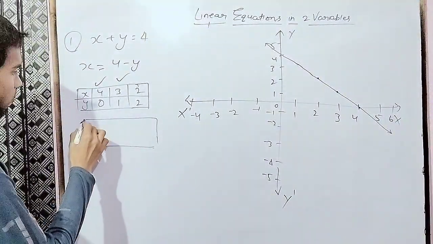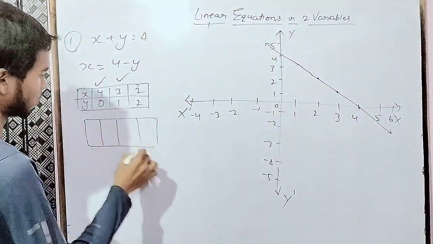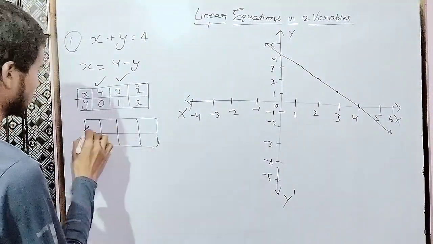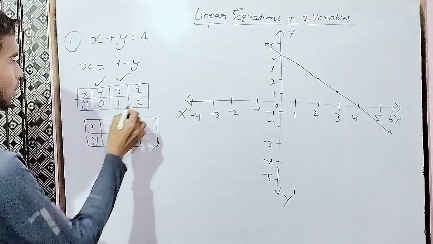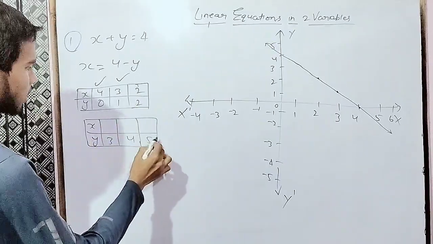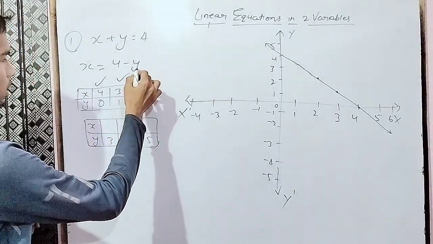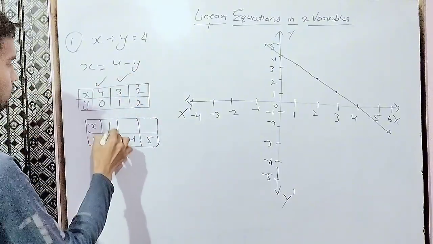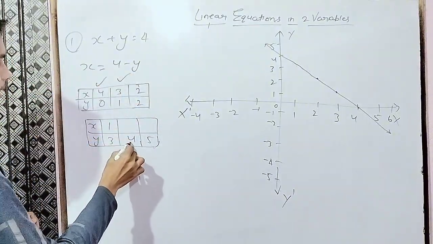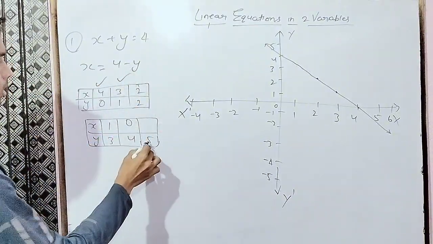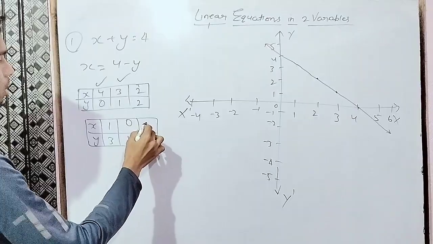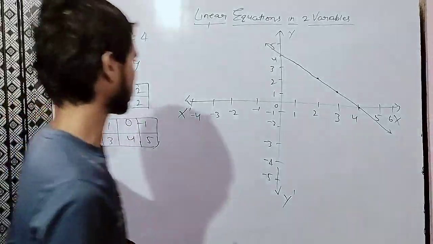For example, this is x, this is y. When x is 3, y becomes 1. When x is 4, y will be minus... this is 5, this will be minus 1.